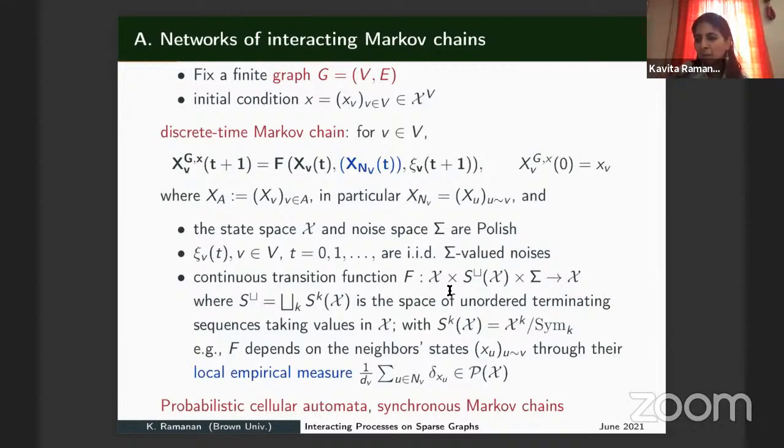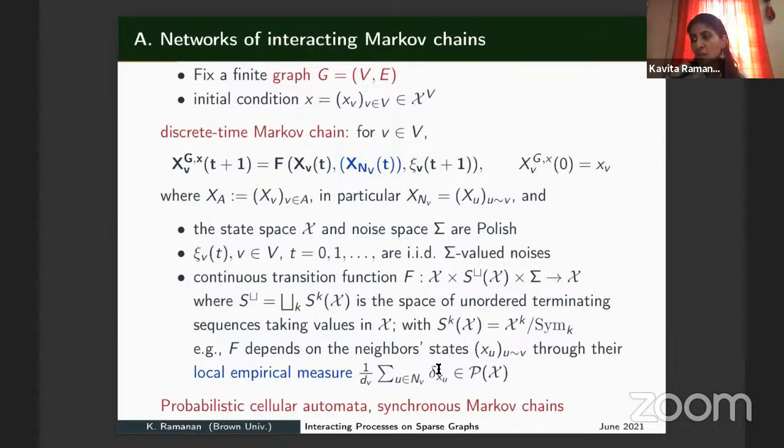Why not just use the empirical measure if it is symmetric, right? One could just look at the empirical measure of the states if I'm only interested in symmetric quantities. But you see, then you would naturally endow this empirical measure state space with the weak topology on probability space, and continuity with respect to that is not so nice sometimes.